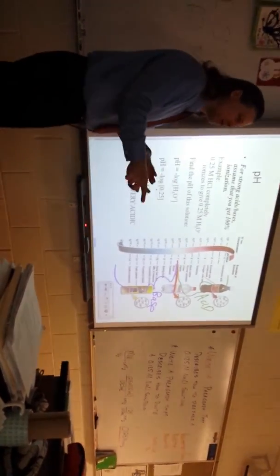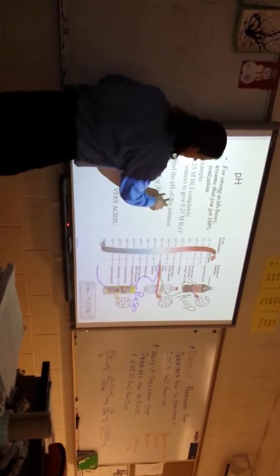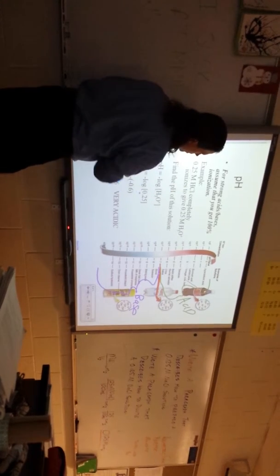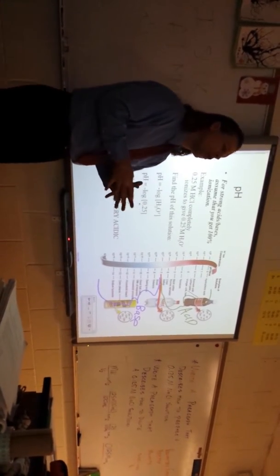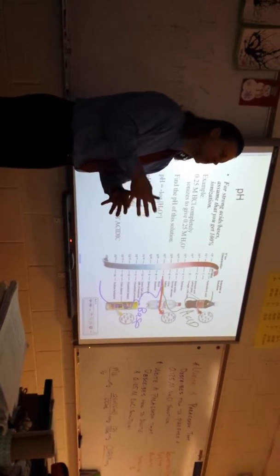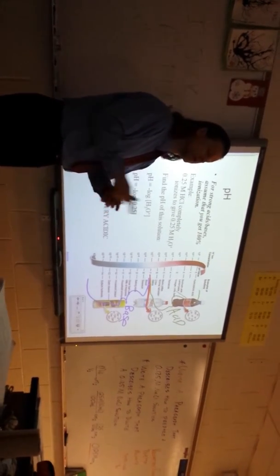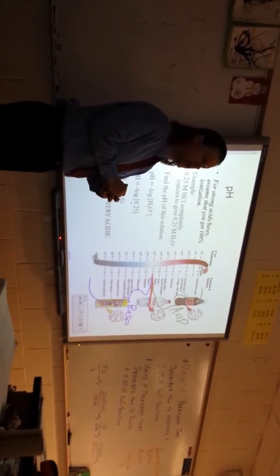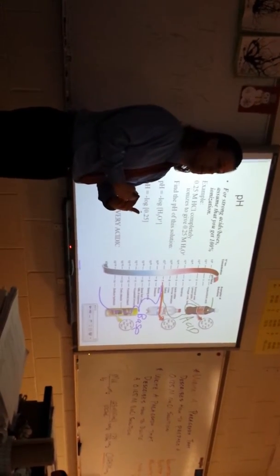And so here's another example that I'm going to have you calculate in a few minutes that says, find the pH of a solution that has a 0.25 molar hydrochloric acid. It's an acid, so we get to know what? What do we get to know if it's an acid? It's between 0 and 7, that's its pH. But in terms of calculating stuff, what do we get to know if it's an acid?